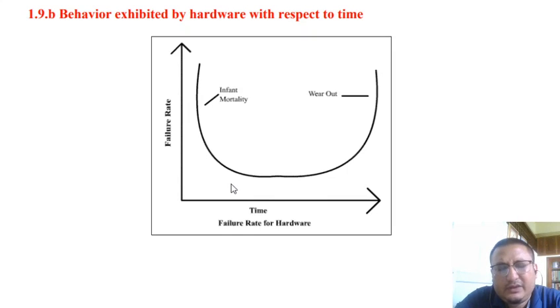And once the failure rate has been brought down, the hardware system is expected to behave normally for a prolonged period of time. But actually, a hardware system exhibits a very high late mortality. Late mortality means a hardware system may fail abruptly at a later point in time. The reason may be continuous wear and tear from the environment.